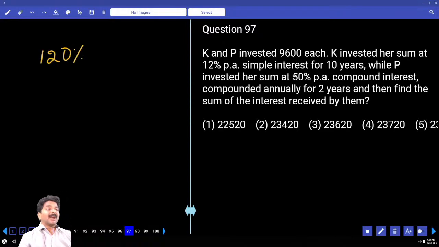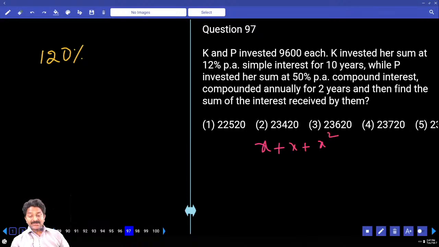120. If the compound interest per annum is X, for 2 years, it is X plus X square by 100. Now what is the X value here? 50. 50 plus 50 plus 50 square, 2,500 by 100, 25.